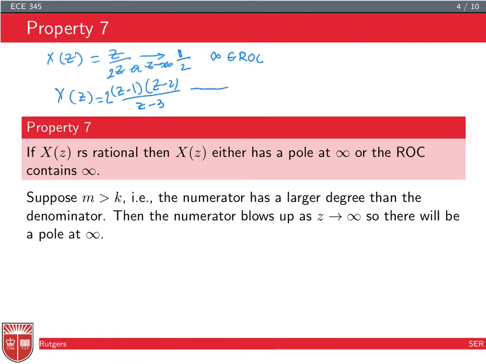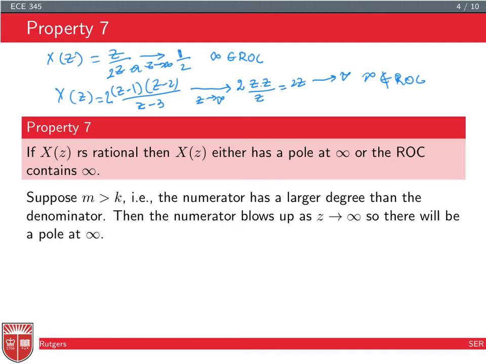If you take the limit when z goes to infinity, you have the constant 2, and z minus 1 behaves like z, z minus 2 goes to infinity like z also, and z minus 3 goes to infinity like z. So this is equal to 2z, and this is going to go to infinity. So here, infinity is not in the ROC. What really matters is the degree of the numerator compared to the degree of the denominator.